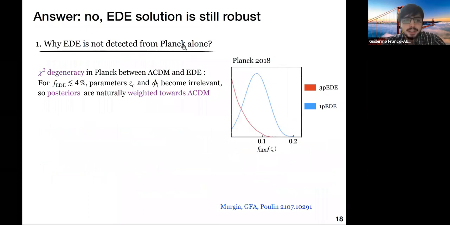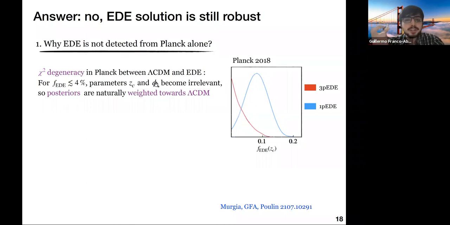We found this is due to a very strong chi-square degeneracy in Planck data between these two models. And what do I mean by that? What I mean is that once the value of the fraction of early dark energy is very small, but not zero, the impact of these other two parameters, the redshift at which it becomes dynamical and the initial field value, essentially becomes irrelevant.